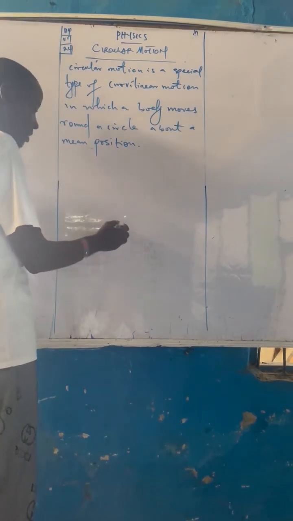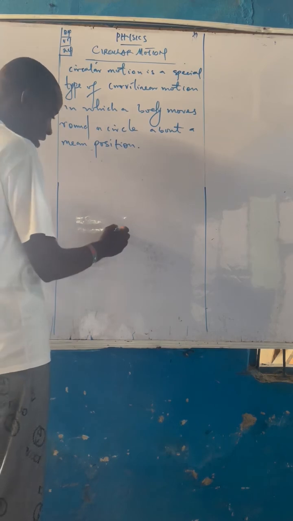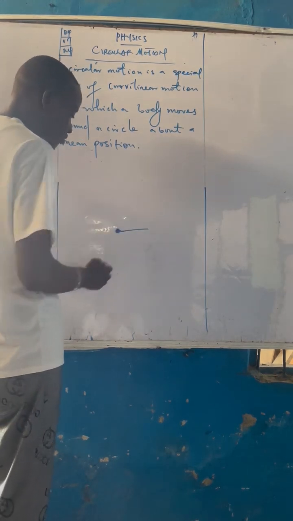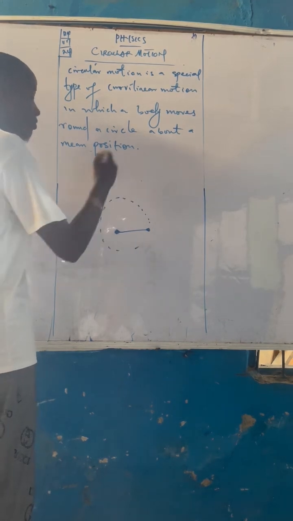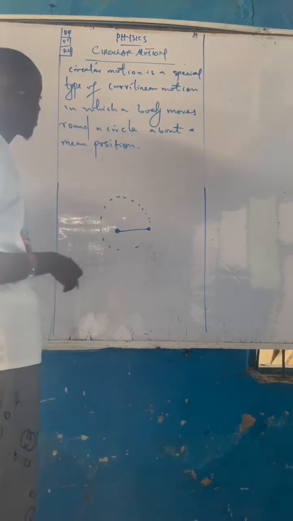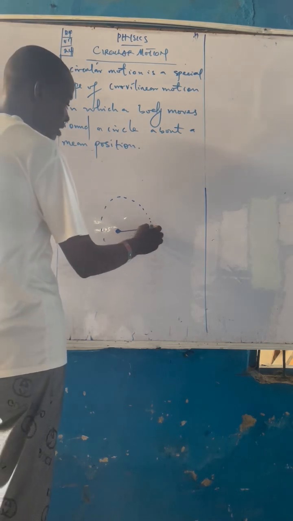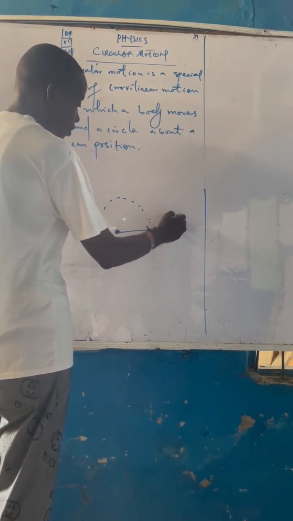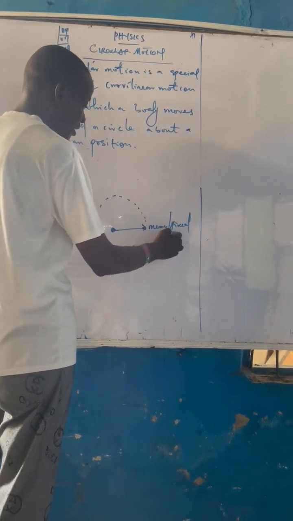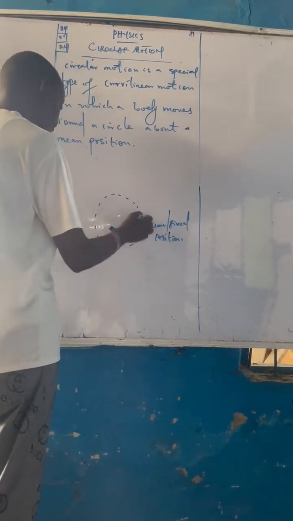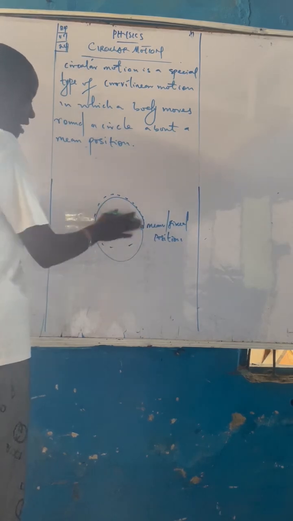Let's suppose we have an object here, and the object stretched out and continue to move and form a cycle. And let's suppose this is the main position, or you say fixed position, or you say point, whatever it is you call it, around a cycle.